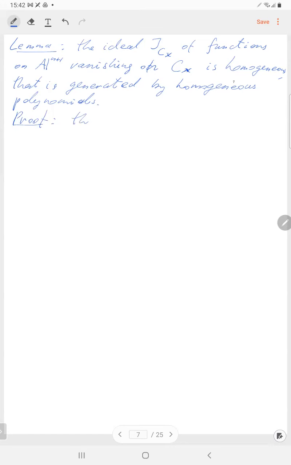the action of the multiplicative group on this cone CX gives rise to its action on the space of functions on this cone.